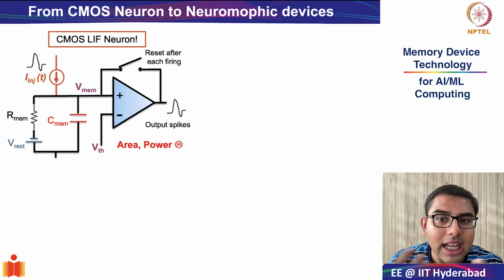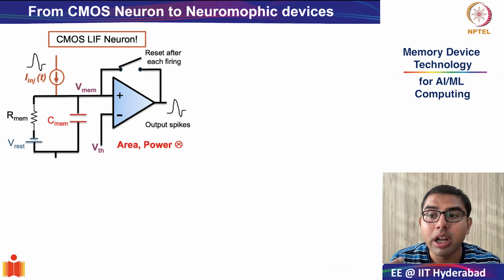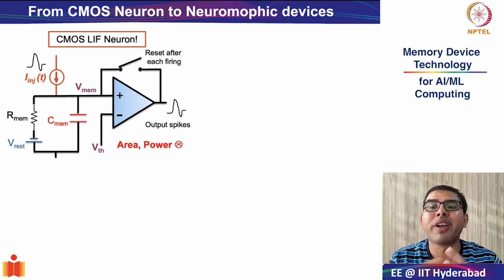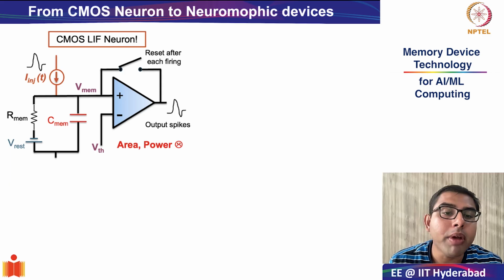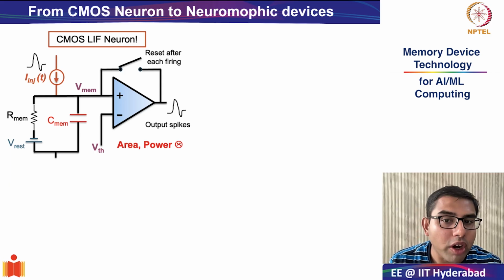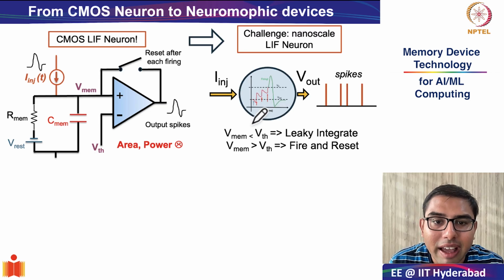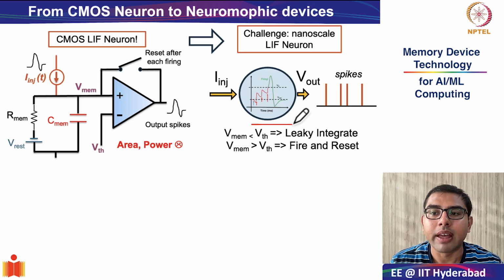So as we had discussed, in CMOS, we can build these leaky integrate fire neurons using capacitors, resistors, and comparators. But this consumes a lot of area and power, making them very unsuitable for large-scale neuromorphic systems. What we ultimately want instead is a single nanoscale device, as I have pointed out over here, that behaves like a neuron on its own.